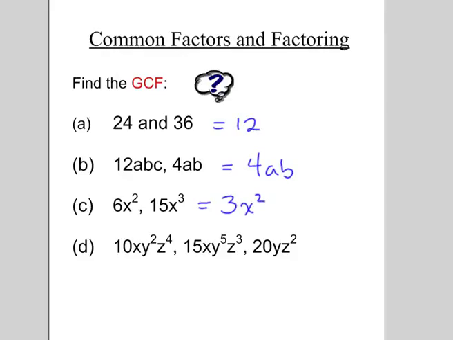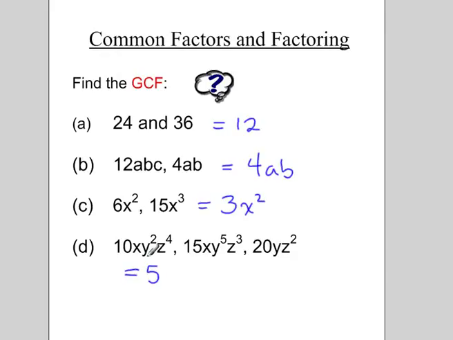And then this last one, there's 3 terms. So now we have to look for numbers and letters that occur in all 3. What is the biggest number that goes into 10, 15, and 20? That would be 5. Now let's look at the letters individually. This one has an x, this one has an x, but this one does not, so that is not a common factor.